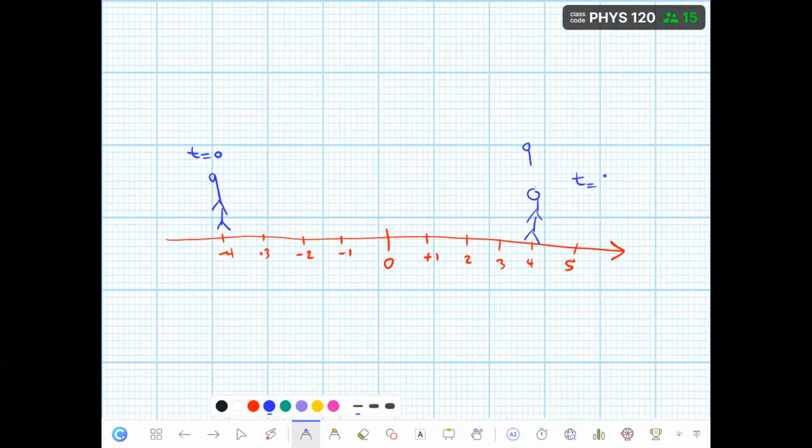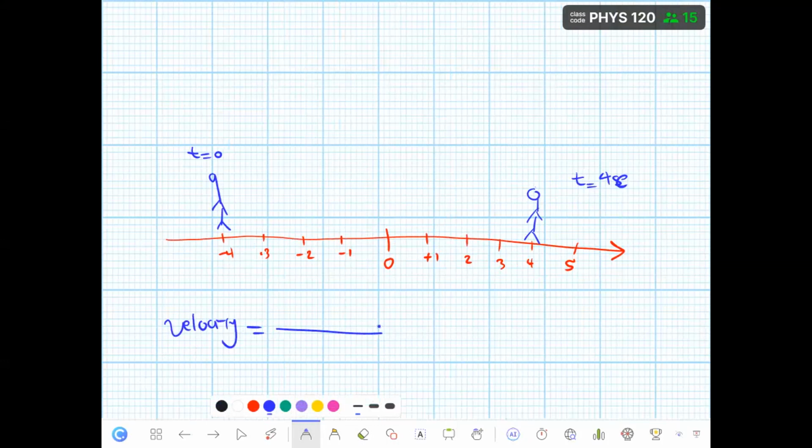After, let's say, 4 seconds, the final position of this person is at 4. Calculate the velocity of this person when it's moving from -4 to +4. How can we calculate the velocity? The velocity is going to be displacement over time. What is the displacement here? +8.